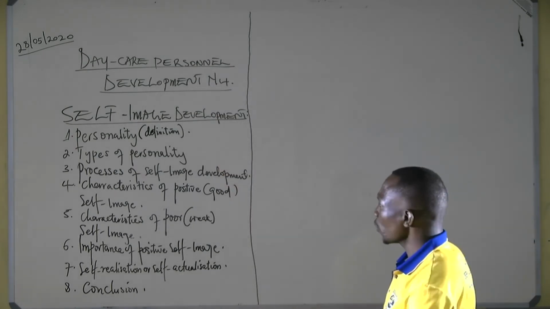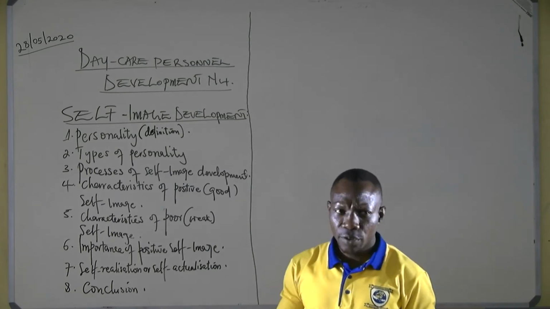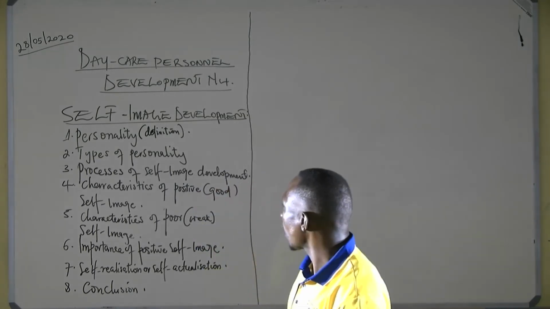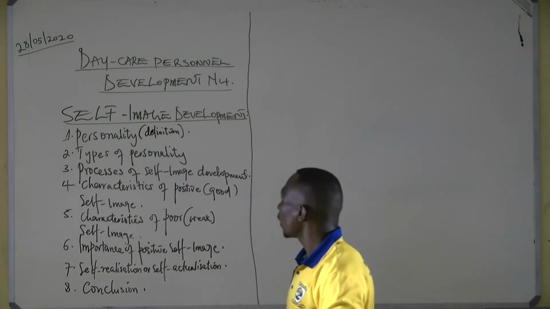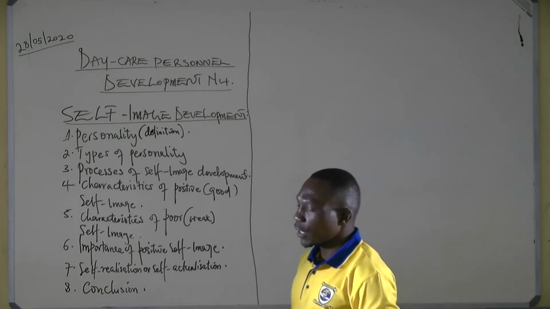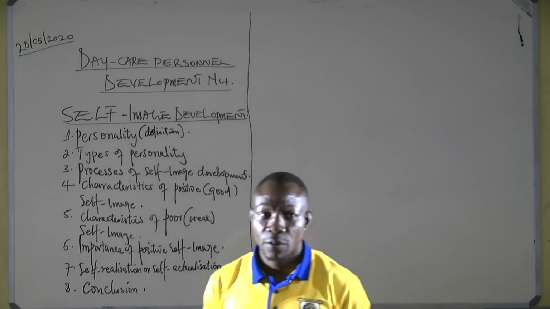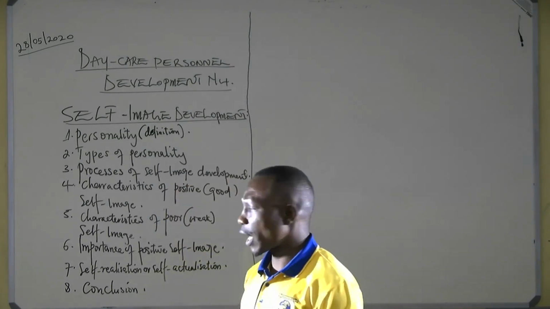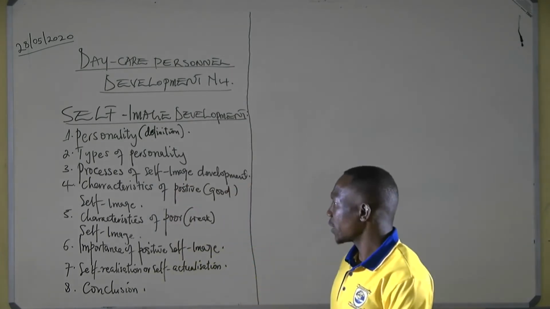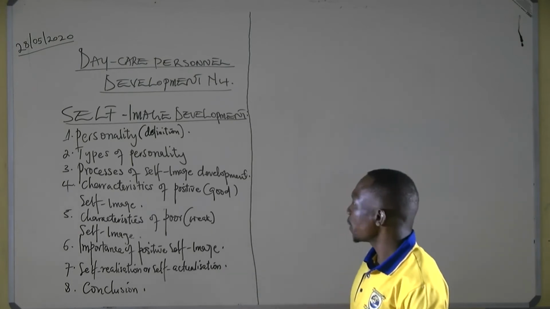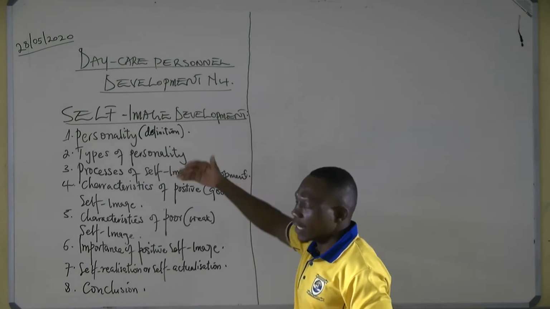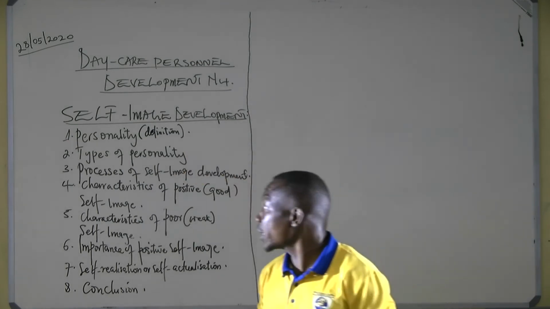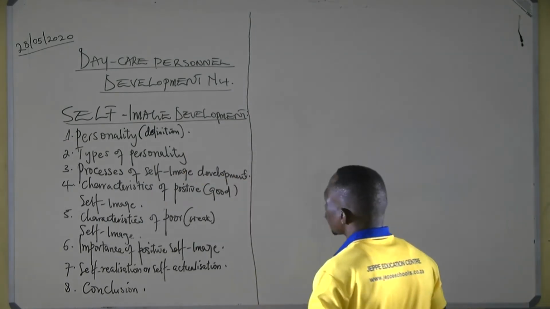But before that, it is important to note that as human beings, we are unique. We are unique individuals because we can't be exactly the same as another person, and this gives us an opportunity for growth and development within ourselves.